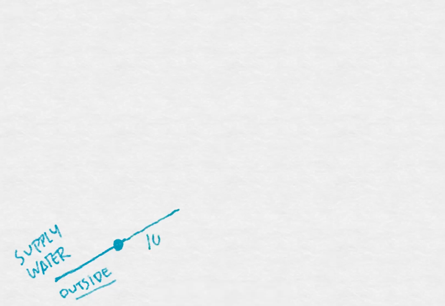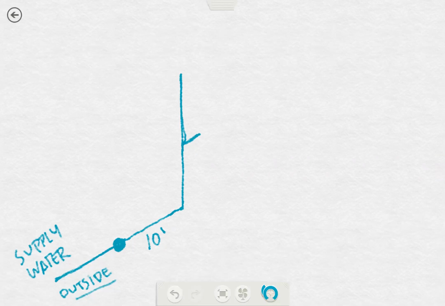And then we go into the building, into the TDS center. So this is the branch that I told you is 10 feet. Then we go up. When we are inside the TDS center, we go up, and we have the first floor, and then the second floor. So we have to calculate the maximum distance from this water supply point until the last fixture that we are calculating. The last fixture is not on the first floor, it's on the second floor.